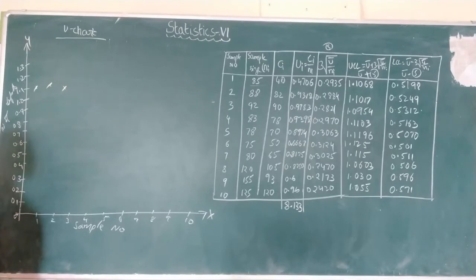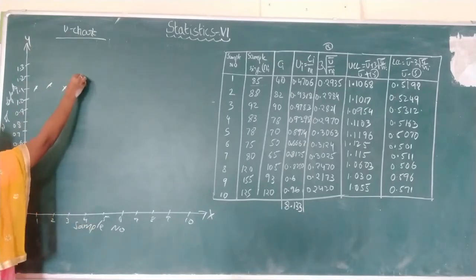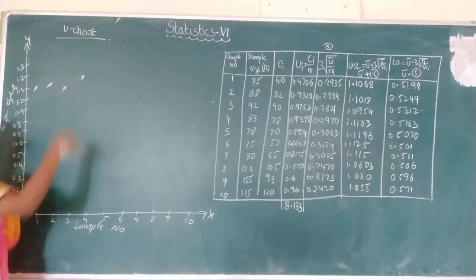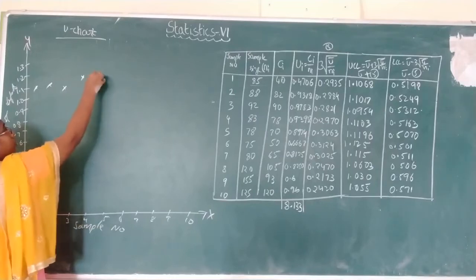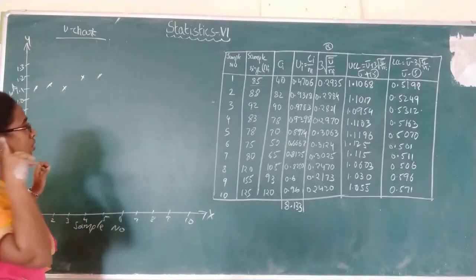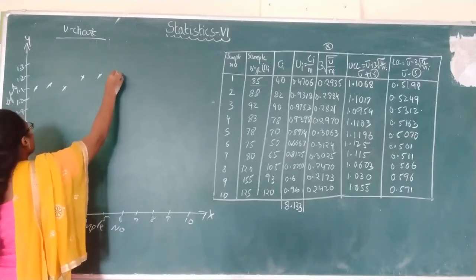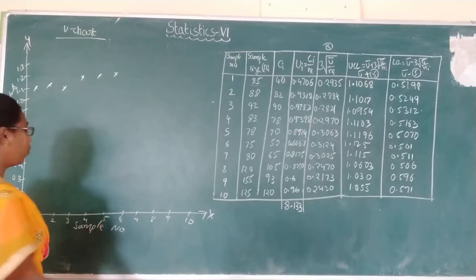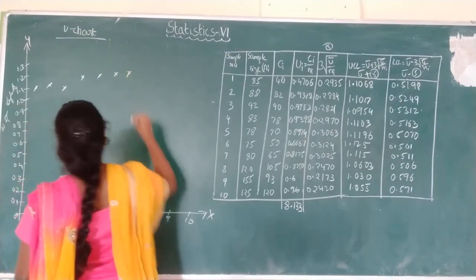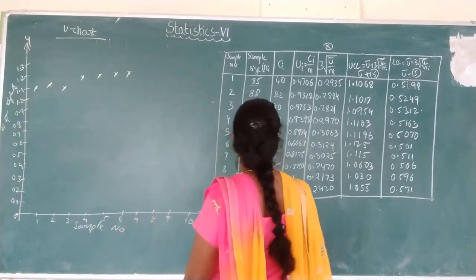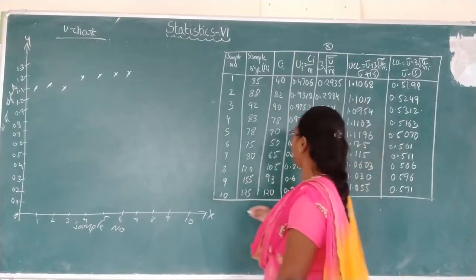Similarly, next one is 1.11. Next, for fifth sample also same. Sixth sample also same. Seventh sample 1.12, just a bit above this.